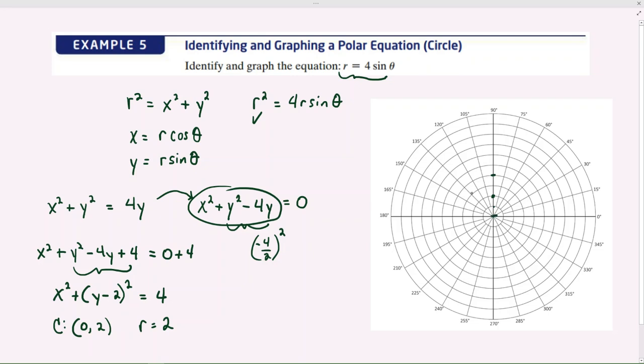I don't have really a good place on the polar coordinates to find the left bound and the right bound, but it should be the same distance as the radius of 2. So maybe that's somewhere about here and here. So we'll just try and loop that in the best we can and sort of draw the circle.